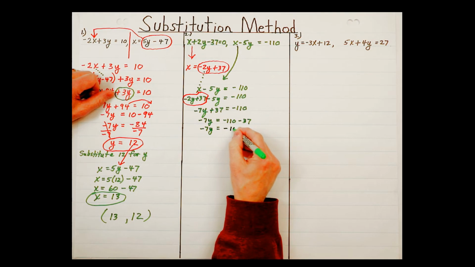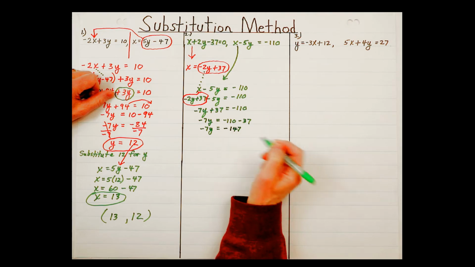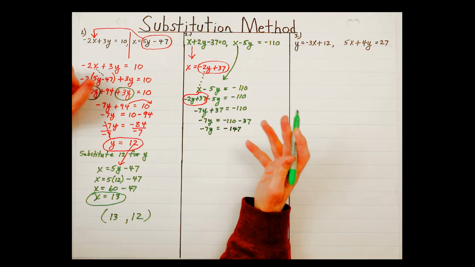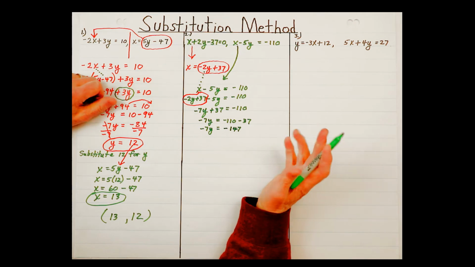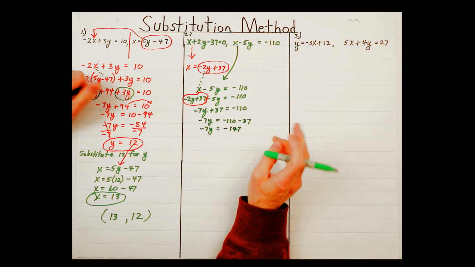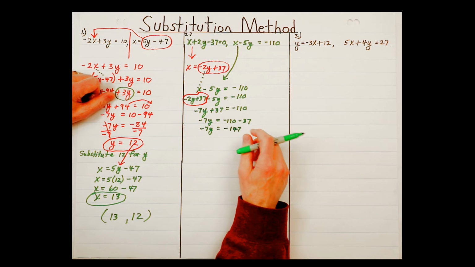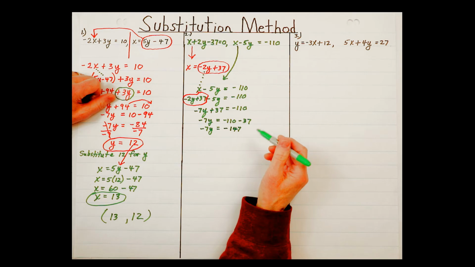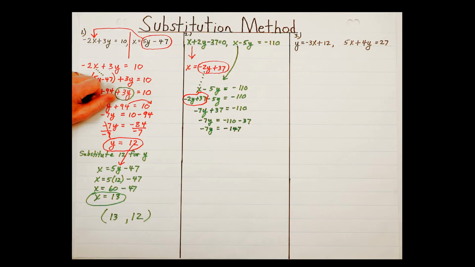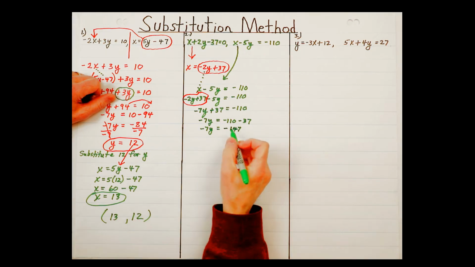But it's minus 147. It just goes to show you sometimes you have to start all over again and find your mistake. Careless mistakes are so easy to make.